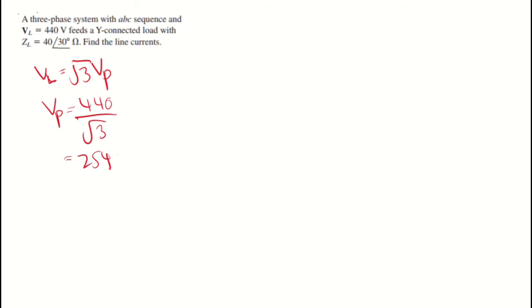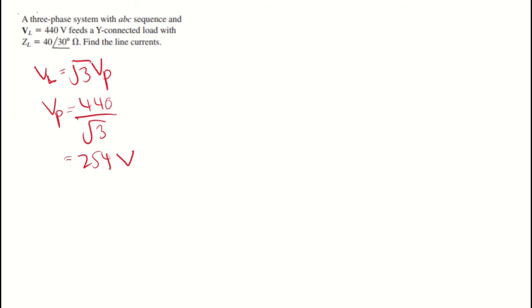To find the phase voltage, we know that VL is equal to square root of 3 VP. So VP should be 440 divided by square root of 3, you get 254 volt. Okay, phase voltage.